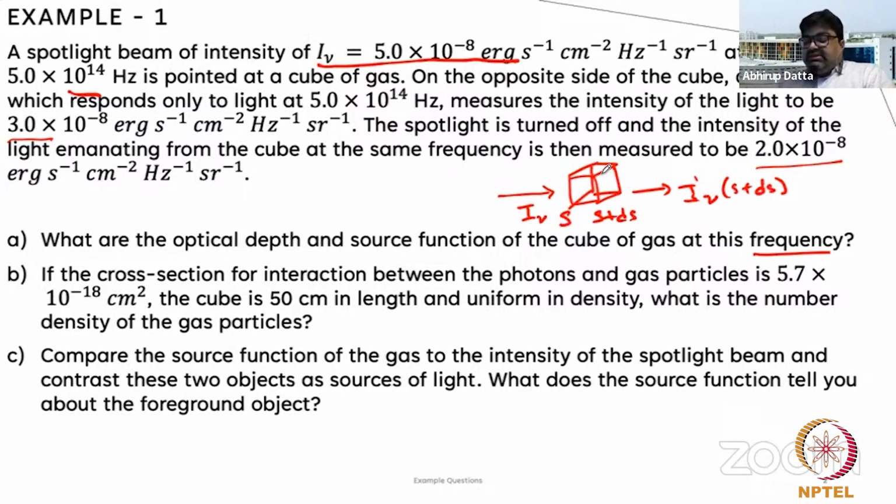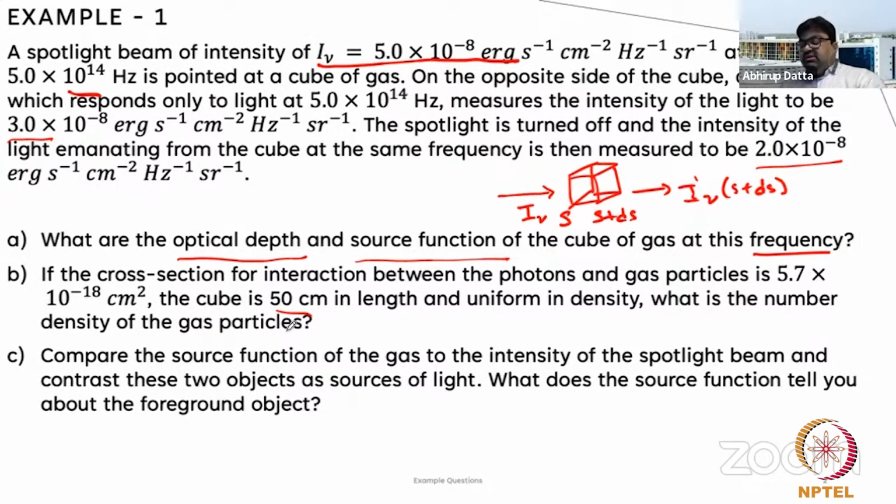So the question asked is, what are the optical depth and source function of the cube of gas at this particular frequency? That's number one. Number two is, if the cross section of the interaction between the photons and the gas particles is 5.7 × 10⁻⁸ centimeters square, the cube is 50 centimeters in length and uniform in density, what is the number density of the gas particles?